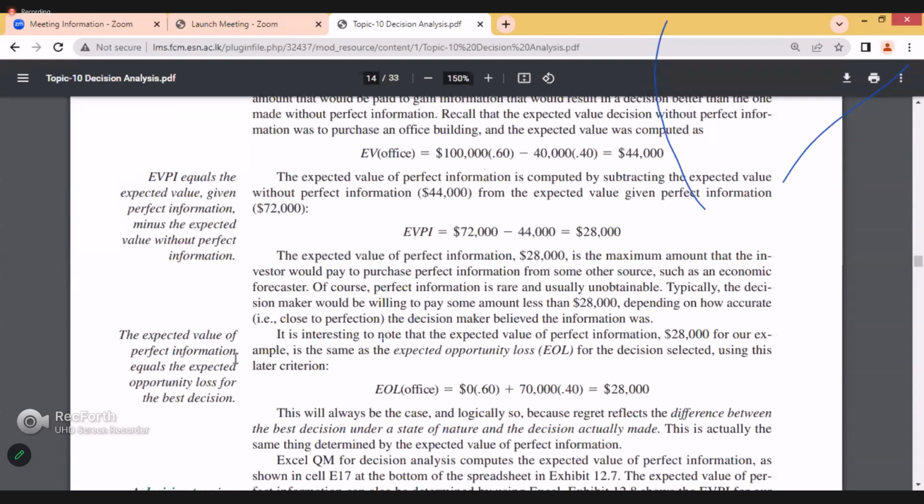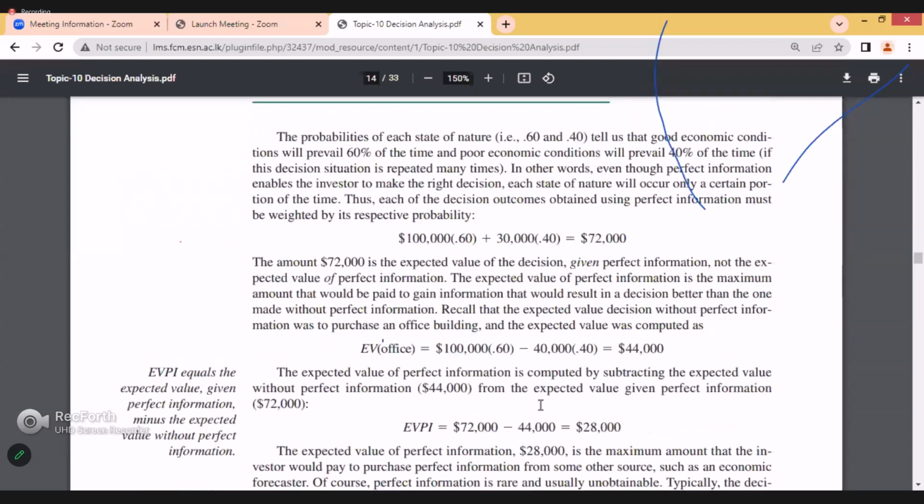And also the expected value of perfect information is equal to the expected opportunity loss of the best decision. They have proved it by expected opportunity loss. So this 28,000 equals this 28,000.